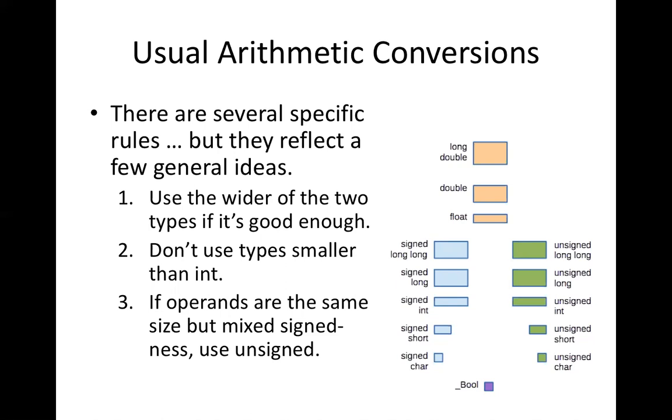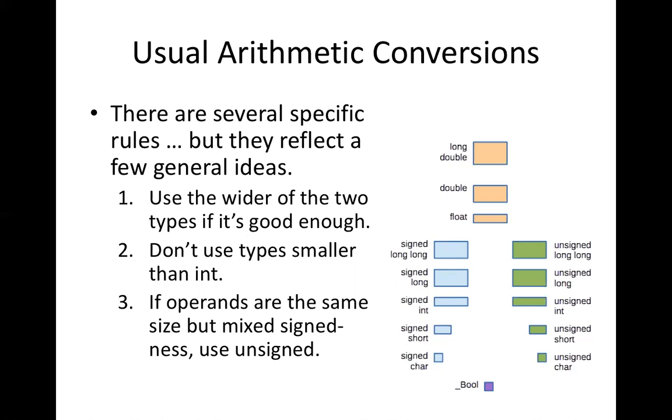One rule it's going to use in principle is if one of those types is wide enough to hold the value, that's what I mean by good enough here. If it's wide enough to hold all the values that the other type could store, then just use the wider of the two. So if the wider type is good enough, just use that. We'll see there's one special case rule that says if you're doing math, bring everything up to int before you do that.